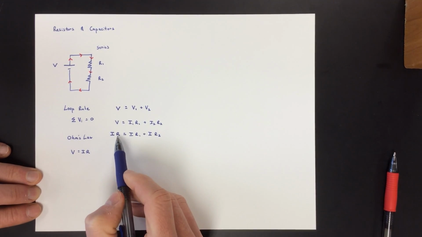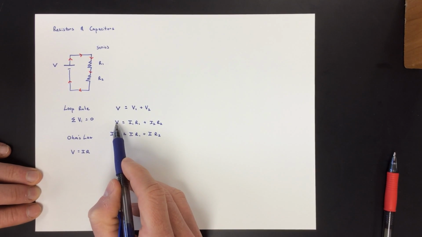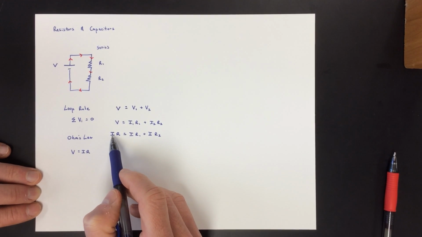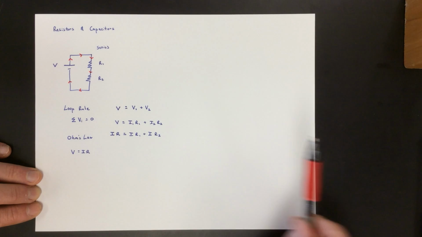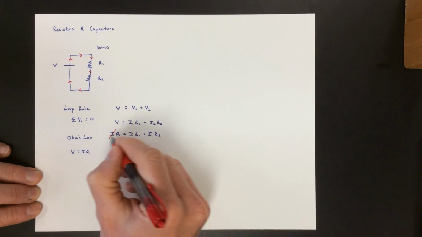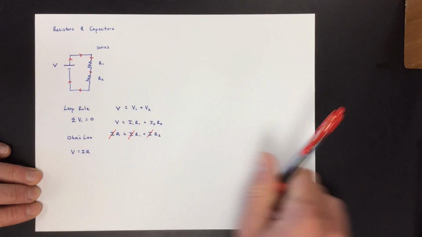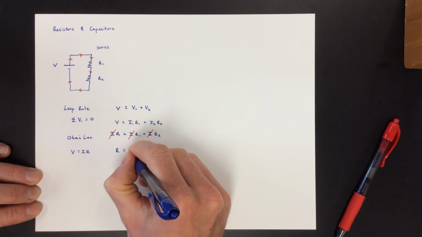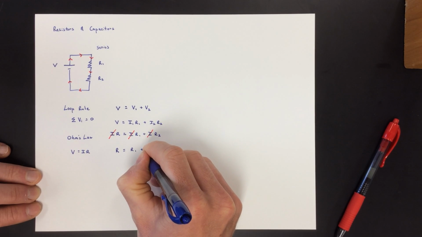The total voltage is the effective resistance of the system times the total current. But I1, I2, and the total current are all the same thing. Those all cancel, and what you're left with is that the total effective resistance is in fact R1 plus R2.